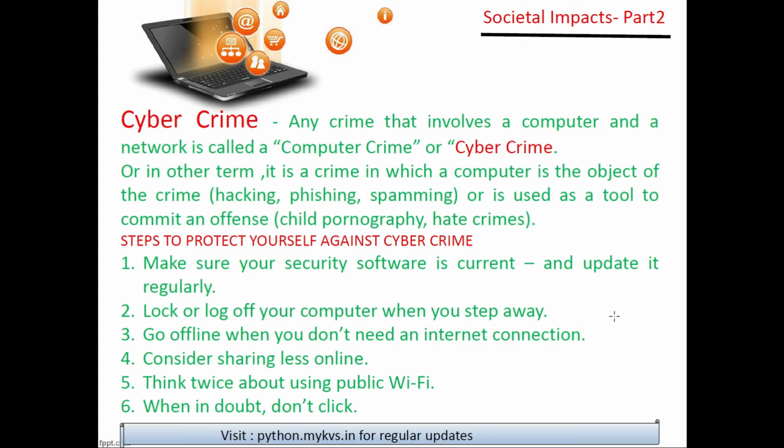Fine. So computer related crimes are basically confined within these three: hacking, phishing, spamming. Other types of crimes are also there, like ransomware and worm codes. Worm codes create worms in the machine and cause disturbances.